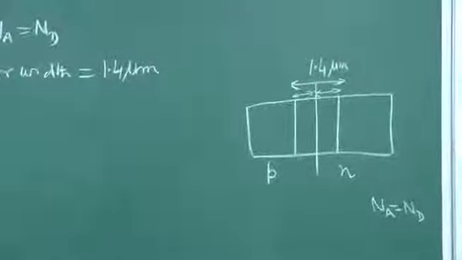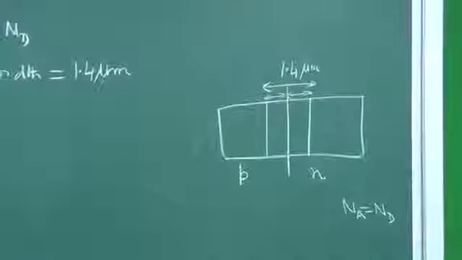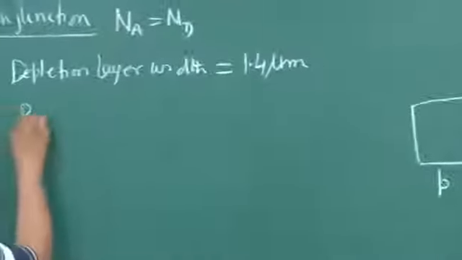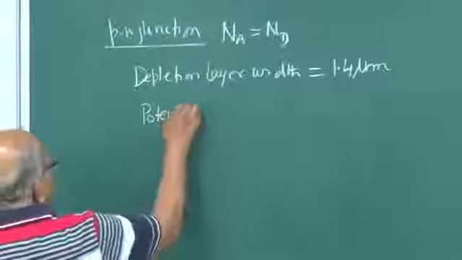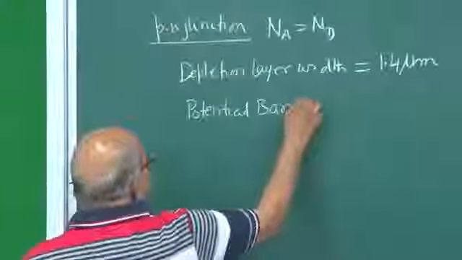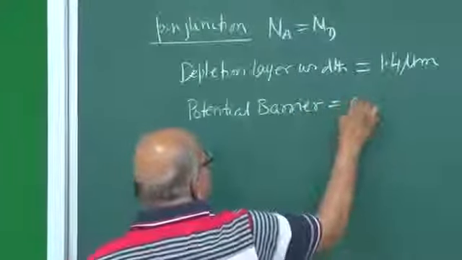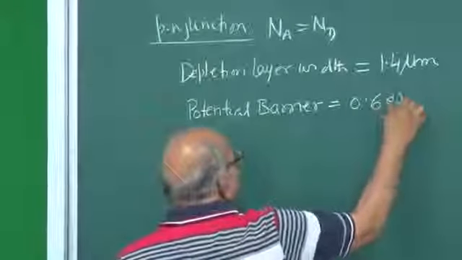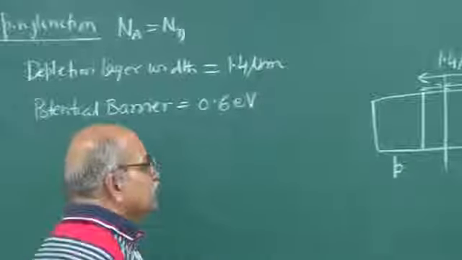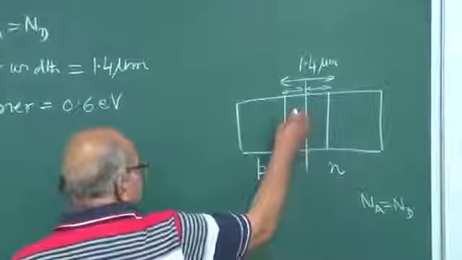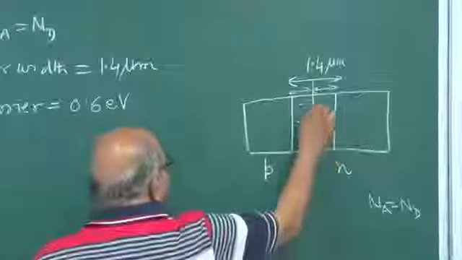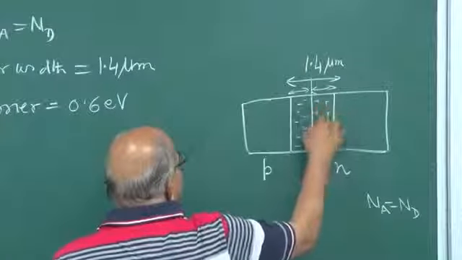The potential difference between the n side and the p side, which is the potential barrier, is 0.6 volts. When the junction is formed, these electrons will diffuse to this side, creating negative charges here and positive charges here.